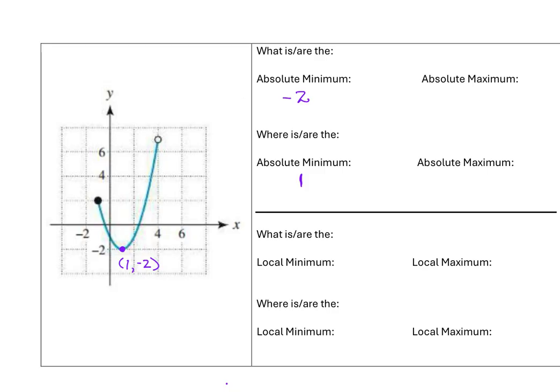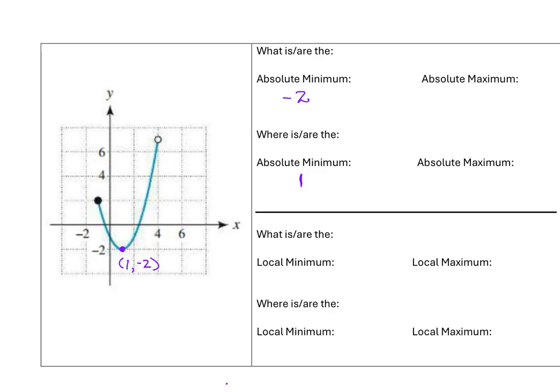Okay, so then we come to the question of, do we have an absolute maximum? And the answer is no. And this is no because even though we have a highest point here, this is a ghost point. It's an open circle. You are not allowed to plug in 4 into our domain. 4 is not in the domain, and so we can't even say, okay, it's 3.9999999, because there's always one more 9 we could add on to it that would be bigger.